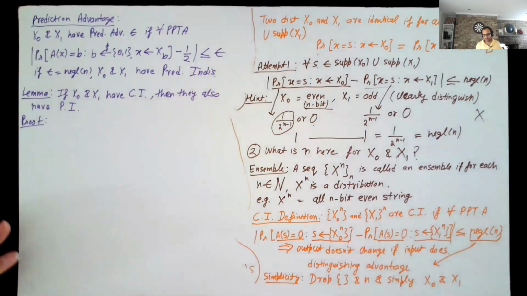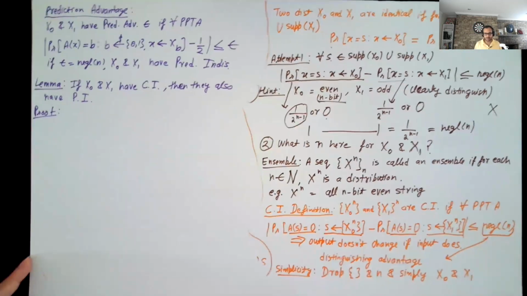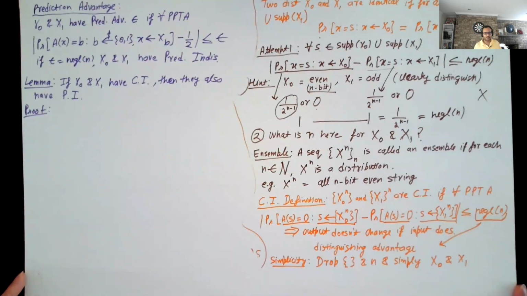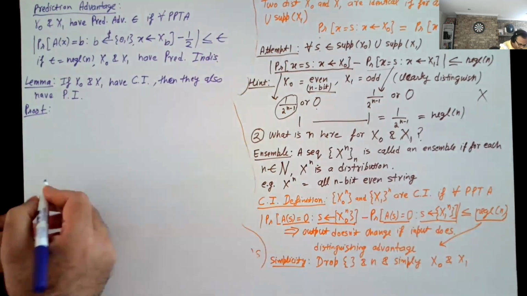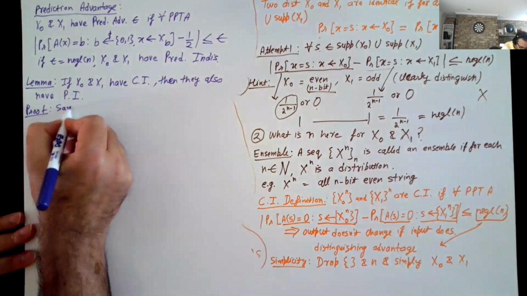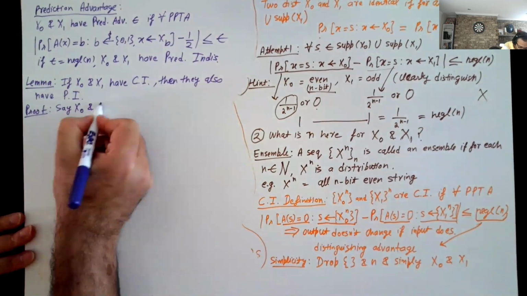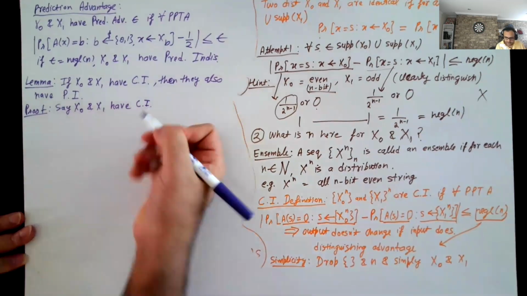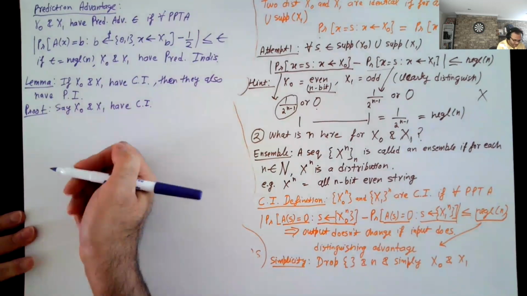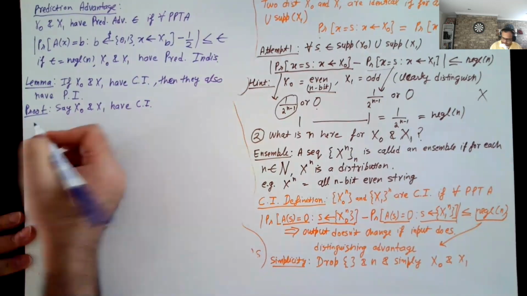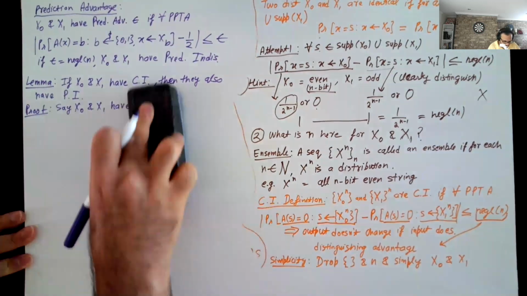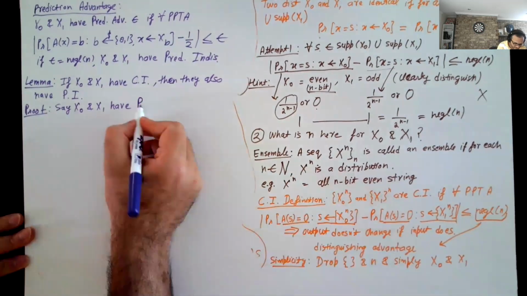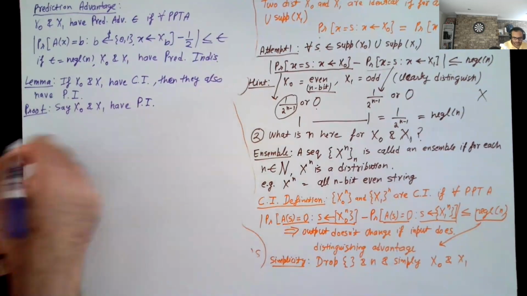And the proof of this is not difficult. It's mostly elementary probability calculations. So say x0 and x1 indeed have computational indistinguishability, right? In that case, I need to prove both directions.